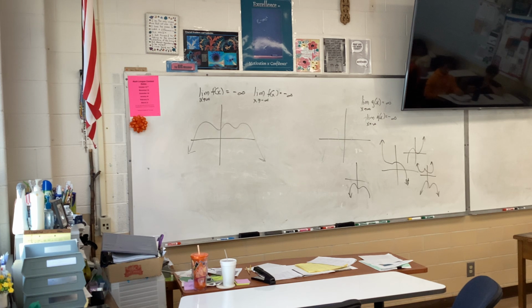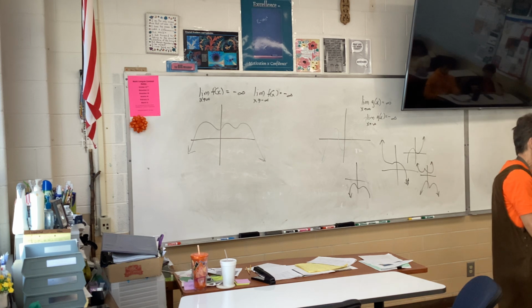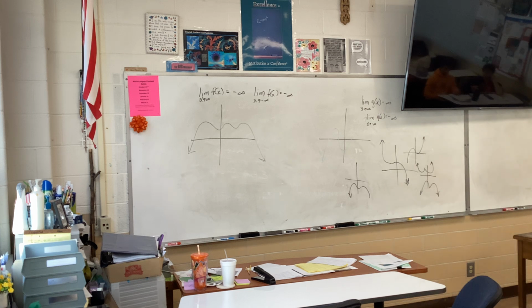Does that make sense? Let's say it again. The right side will always go up if the leading coefficient is positive, and it will always go down if the leading coefficient is negative. Now, the left side is the one that's a little confusing. The left side goes in the same direction as the right if the degree is even.